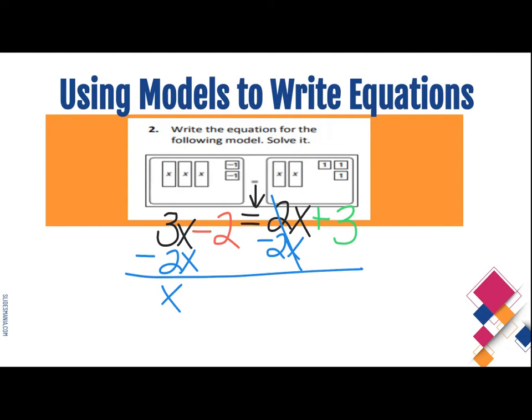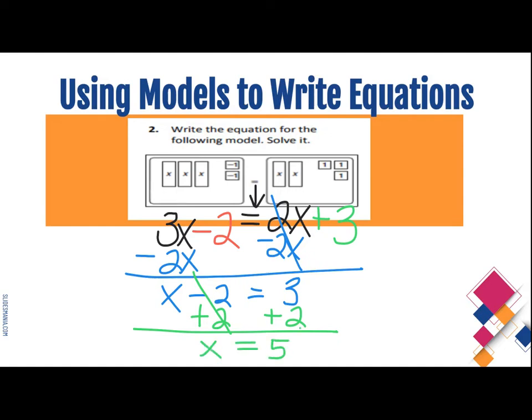I'm left with x minus 2 equals 3. Now I'm going to move my number, the minus 2. To get rid of the minus 2, I'm going to add 2. The minus 2 and the plus 2 cancel out. x equals 5. And I just solved my equation using a model.